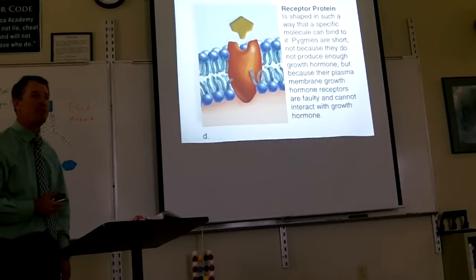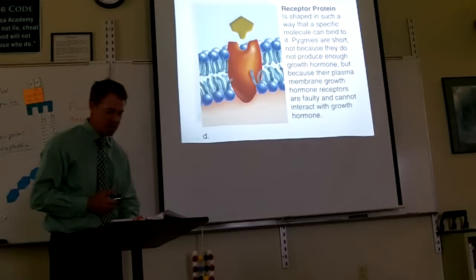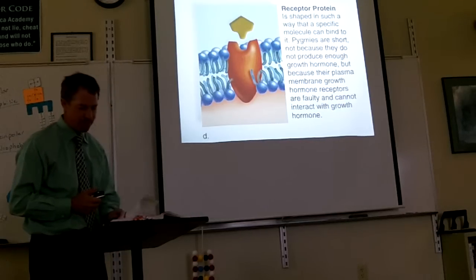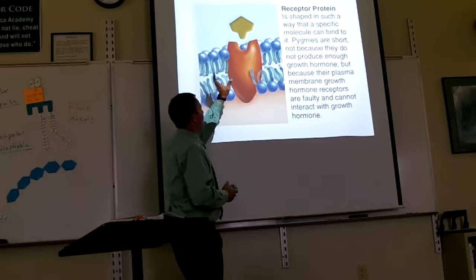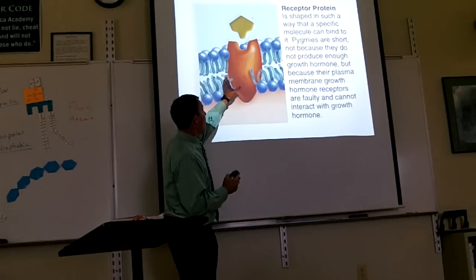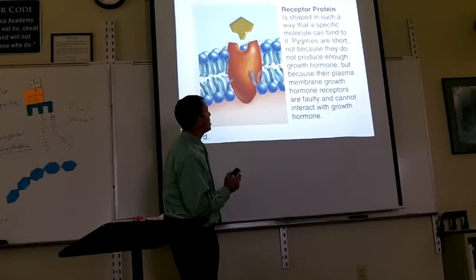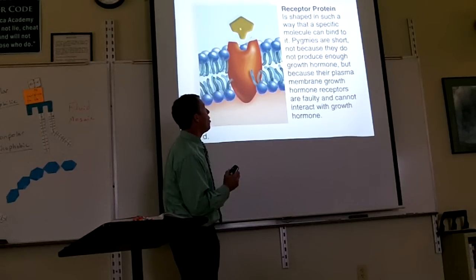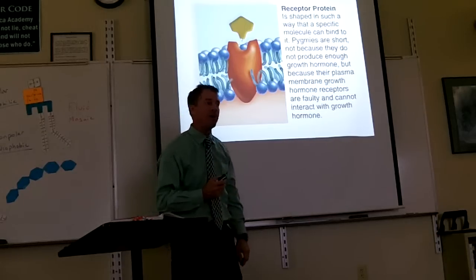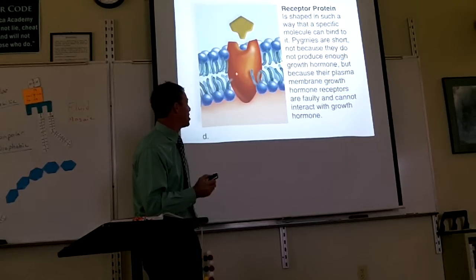Here's a receptor protein. This is a protein with a certain shape that allows capture of some molecule in the environment. You see, this molecule is maybe a hormone, maybe like growth hormone. And it has to attach to this protein.